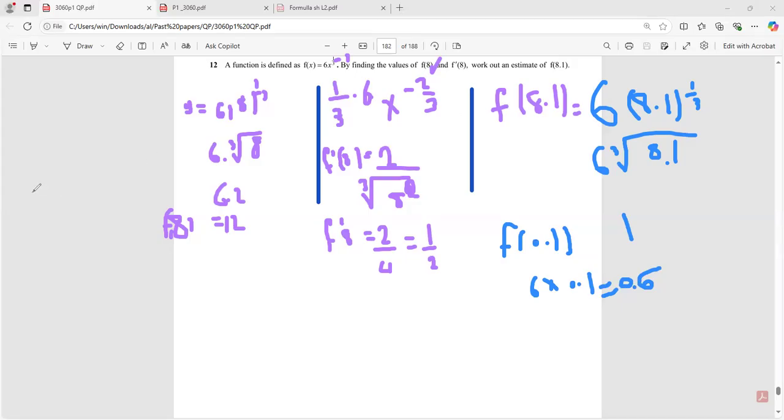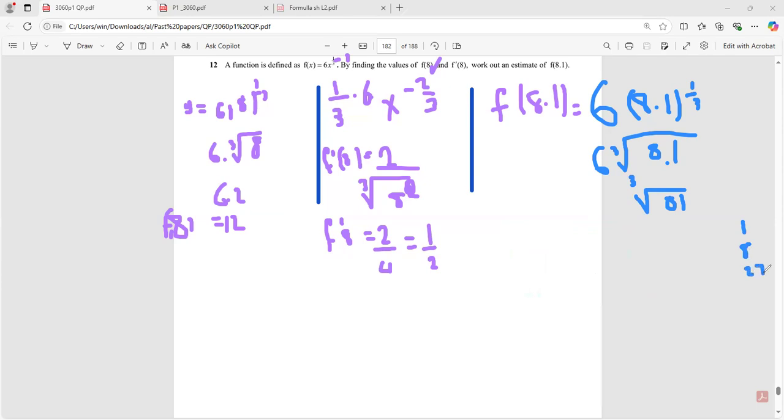Okay, here we are going to start to get an estimate from the cubic root of 81. Actually 81, let's make it 81, then we're going to put a point, 1 dp. So the cubic root of 81 will be between, let's write the cubic root numbers, which are 1, 8, 27, 64, and 125, and so on.